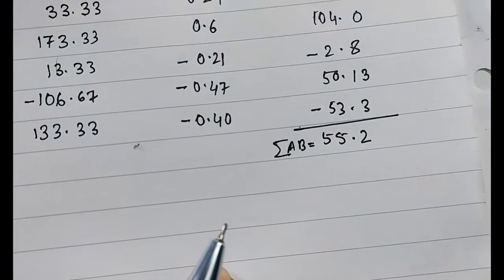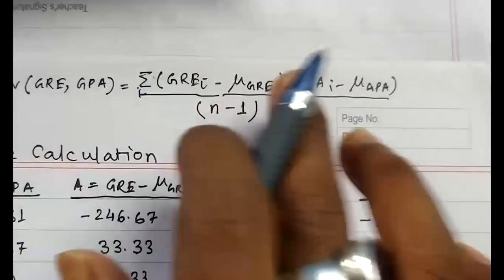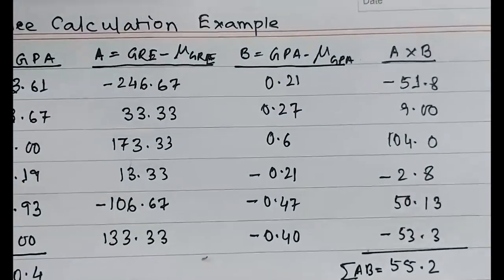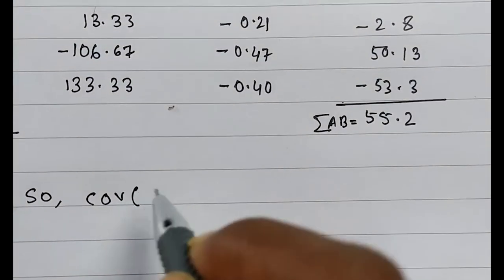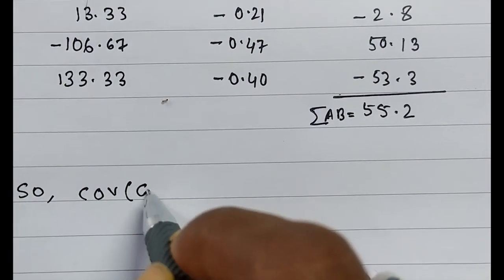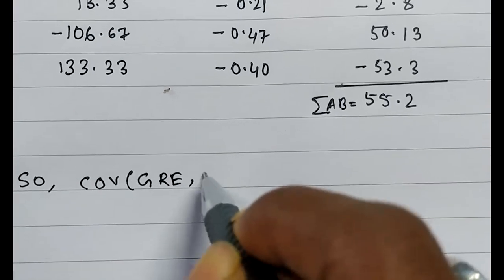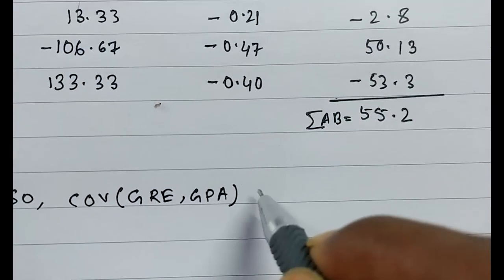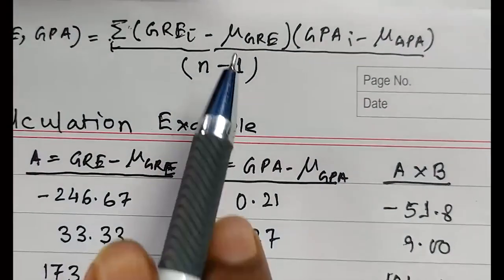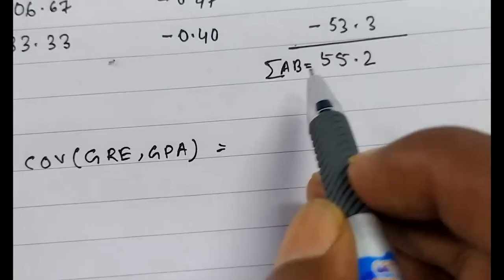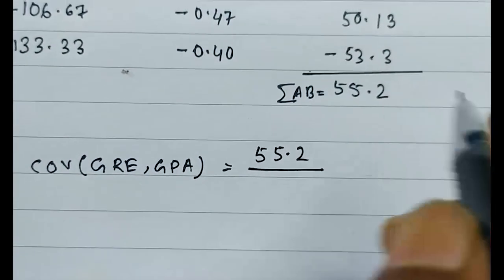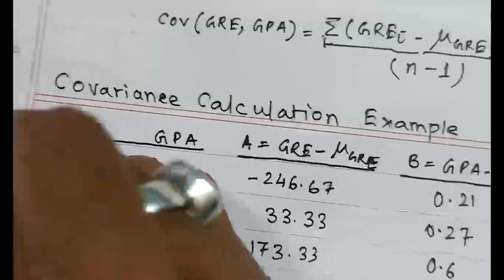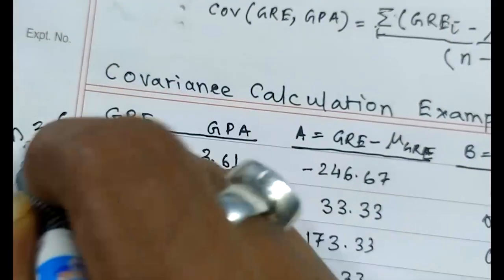Now what is the value of this? So now the covariance of GRE, GPA is equal to the summation of this figure, which is 55.2, divided by n minus 1, where n is equal to 6.